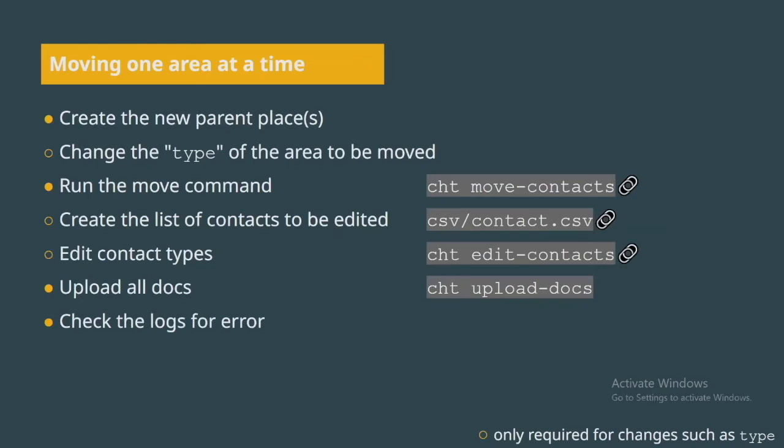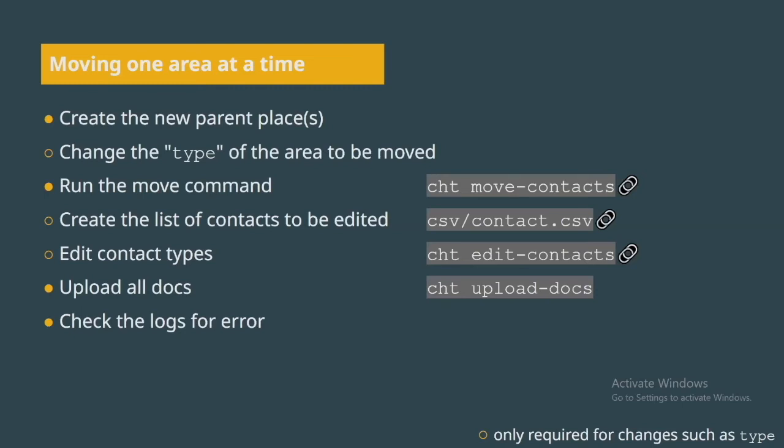So these are the technical steps that we took to move one area at a time. Going from the first part, since we are adding 2 new levels at the top of the hierarchy, we had to clear those places first. They would be empty at the beginning.